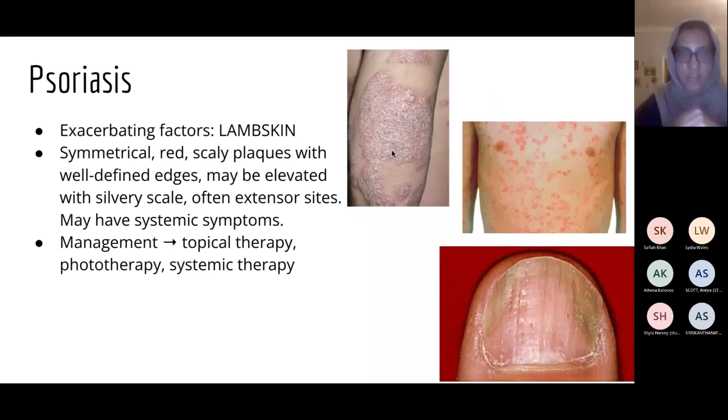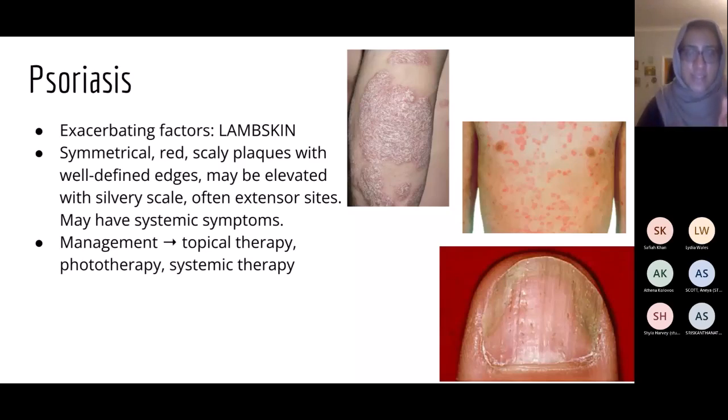All of these skin cells are building on top of one another and not being cleared, and that also triggers an immune response. The description you will get is red, scaly plaques with well-defined edges, often with silvery scales, and you tend to find it on extensor surfaces, for example the back of your elbows.